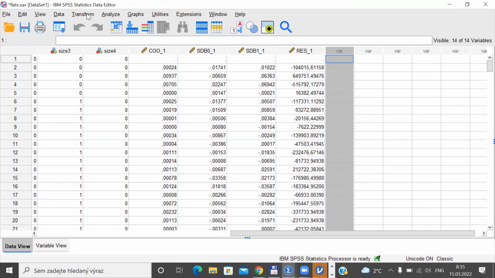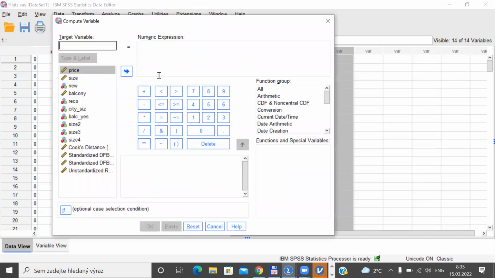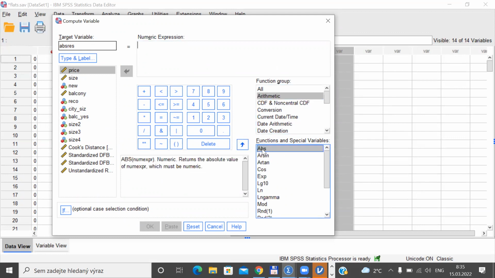If I would like to compute absolute values, the easiest step is to go into Transform, Compute Variable. I will assign some new name, so I will take ABS as absolute values of residual RES, and the computation will be based on functions. So I will take, for example, all functions, or if you like, you can take only arithmetic. The first one is the function called ABS. I guess that in Jamovi it was the same function.